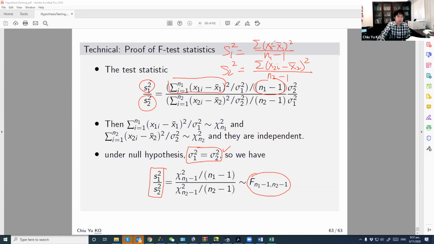And you take a division, and we will have all this term here. But the numerator and denominator, you just multiply. You divide this here, you also divide this here.